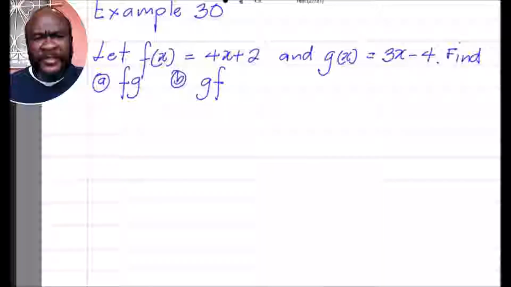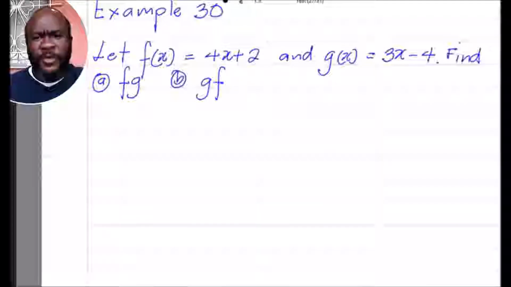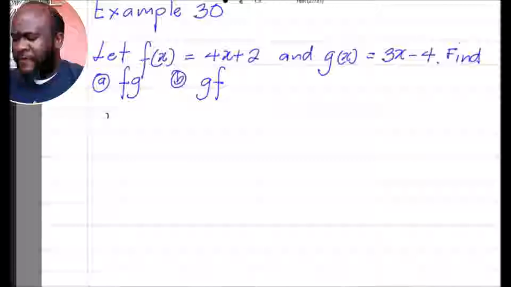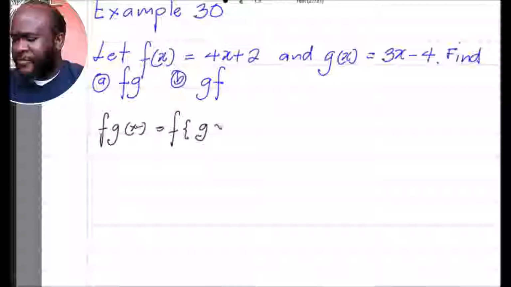Example 30 says, let f of x be the function 4x plus 2 and g of x be the function 3x minus 4. Find a) f of g. Now, f of g of x is the same as saying f, and in bracket we have g of x.